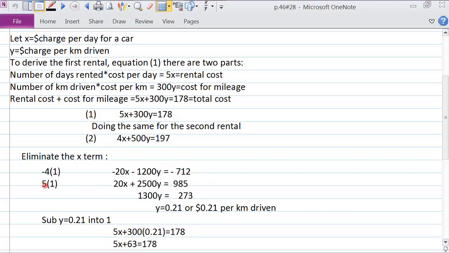We're going to multiply equation 1. This should be equation 2, actually. So this should read the number 2 here. So we multiply this by 5. We get 20x. We multiply this one by 5, we get 25y.